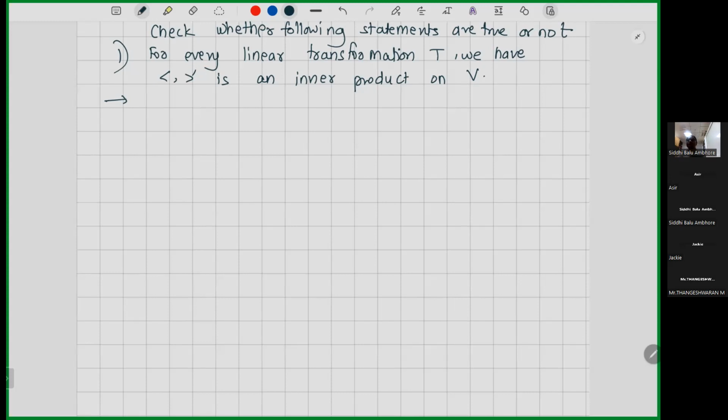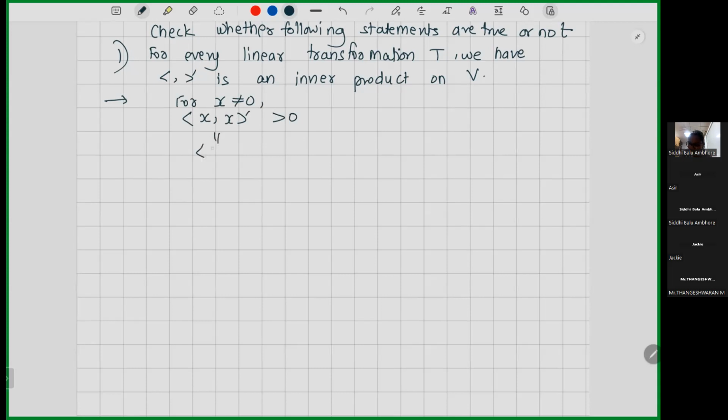Symmetry would also be satisfied. Yes. And positivity would also be satisfied. I think it should be satisfied, but okay, so positivity will be satisfied if, so what is positivity? It is like for any x, x for x non-zero, if I have ⟨x, x⟩', then I need to have this to be greater than 0.